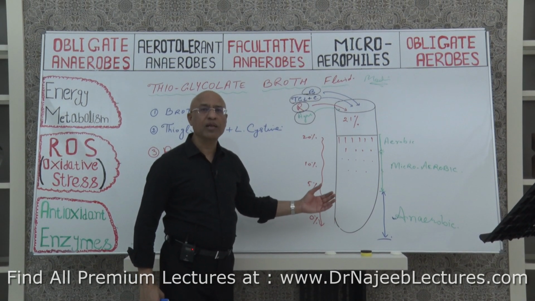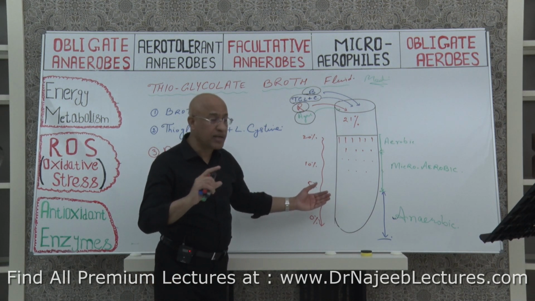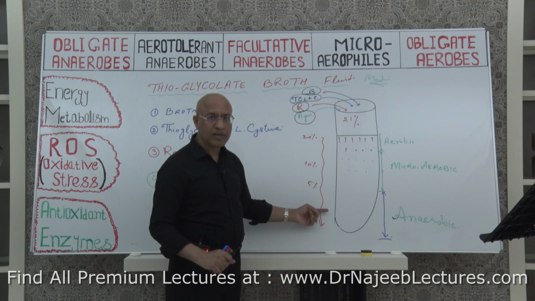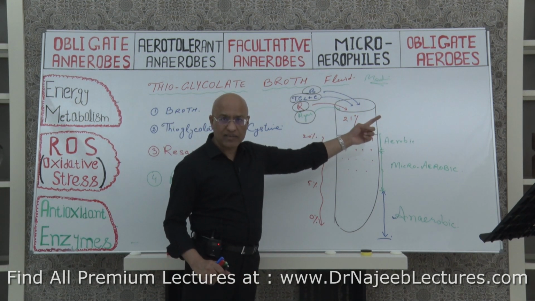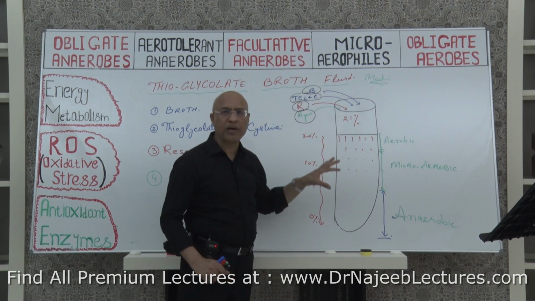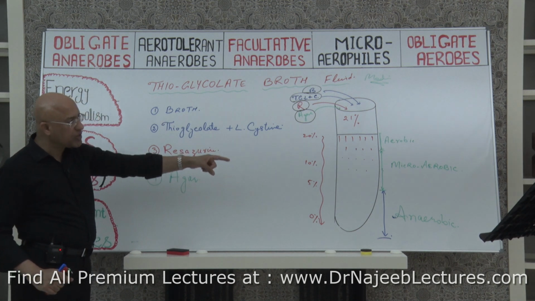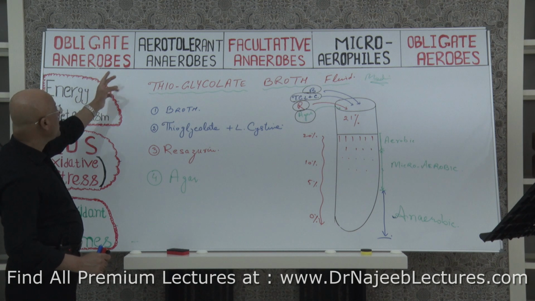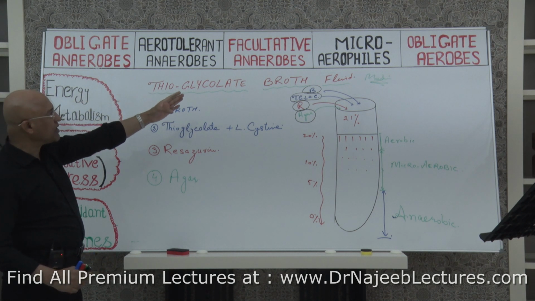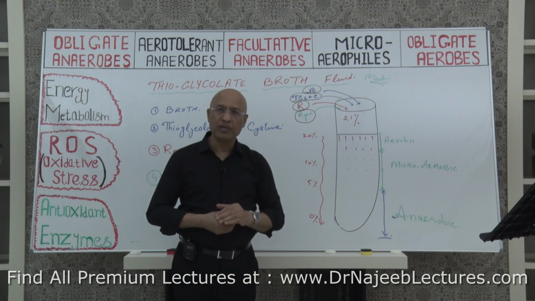I will explain that the bacterial growth pattern will be different in all 5 categories, and just by looking at the growth pattern we can tell whether the specific bacteria growing in the culture is an obligate anaerobe, aerotolerant, facultative anaerobe, microaerophile, or obligate aerobe, right?